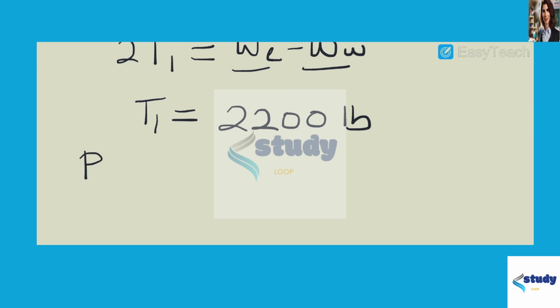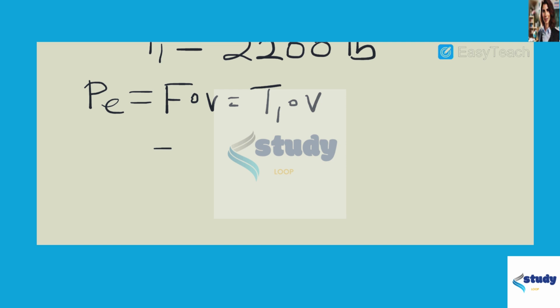Now we know that the power the elevator is experiencing is force times velocity, and that is simply T1 times velocity. We know that the velocity is 1 feet per second, so plugging that in, we get a power of 2,200 foot-pounds per second.